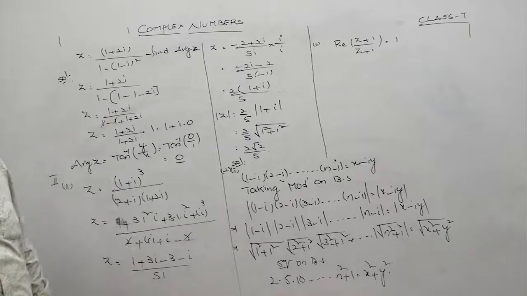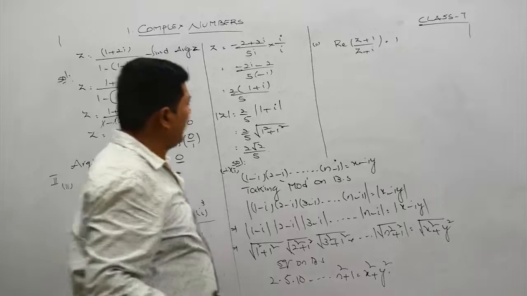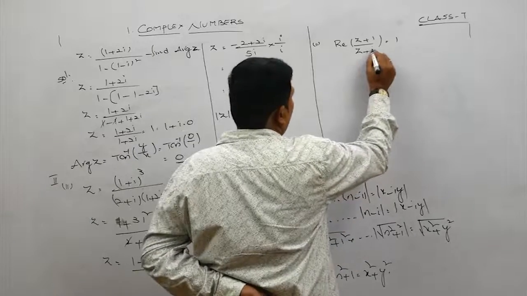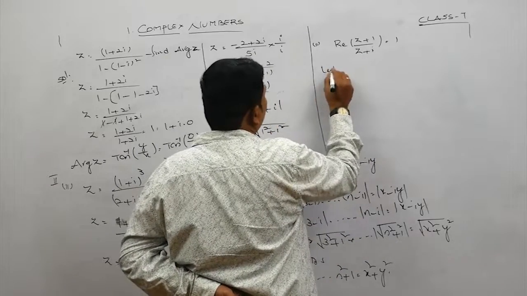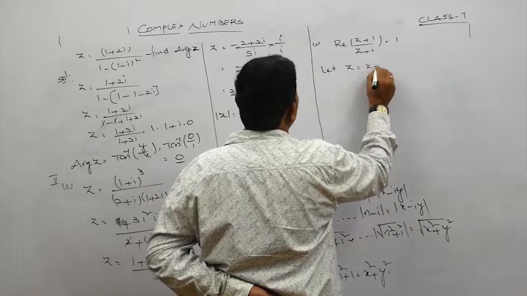Again, locus means a relation connecting x and y. So let z is equal to x plus iy.